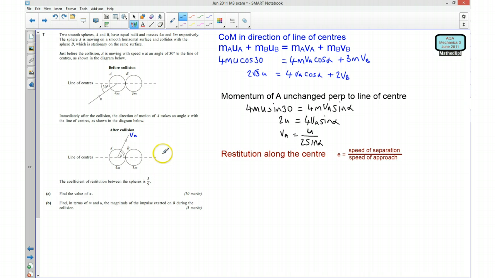So our coefficient of restitution, which we've been told is 5/9. So we've got 5/9, and that's going to be equal to the speed of separation, and the speed of separation is going to be VB take away, and along the line of centre it's going to be VA cos alpha.